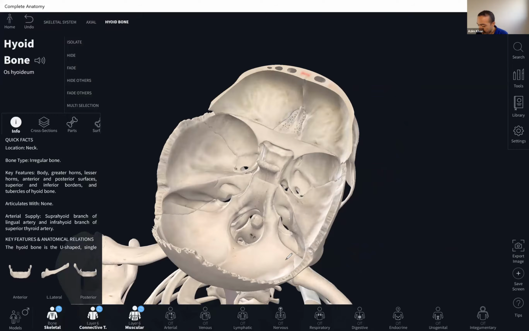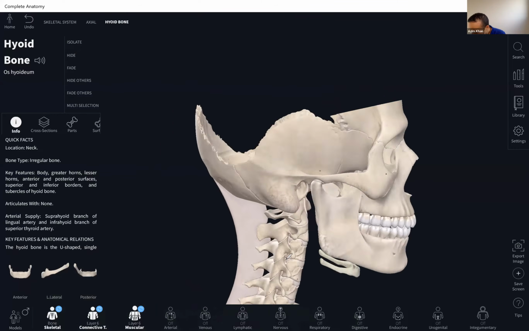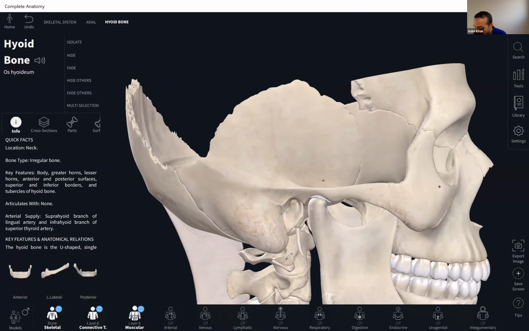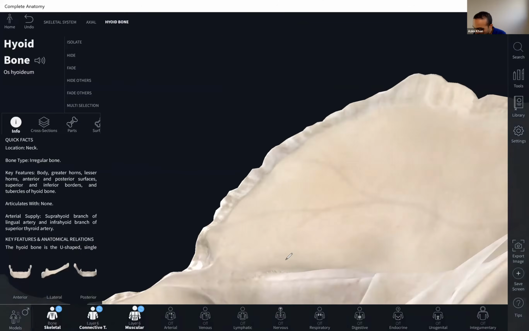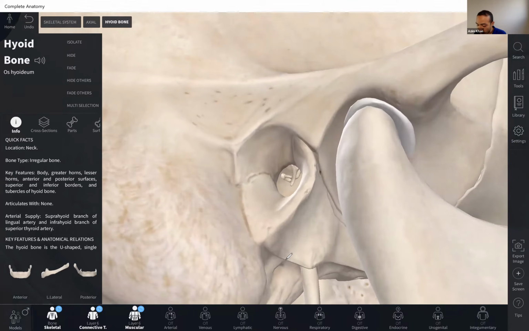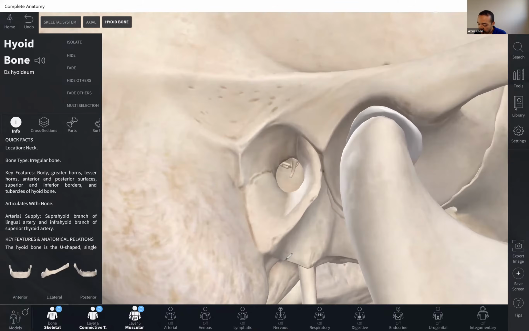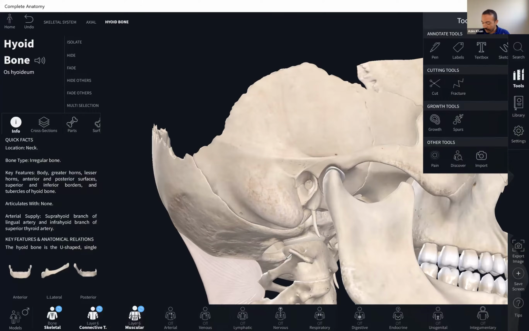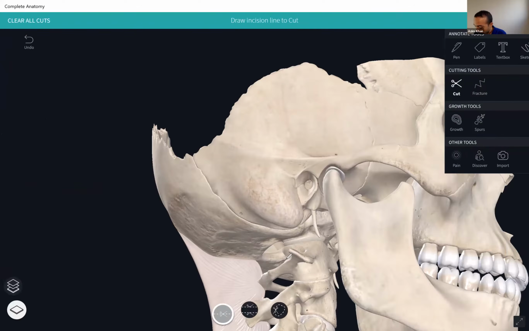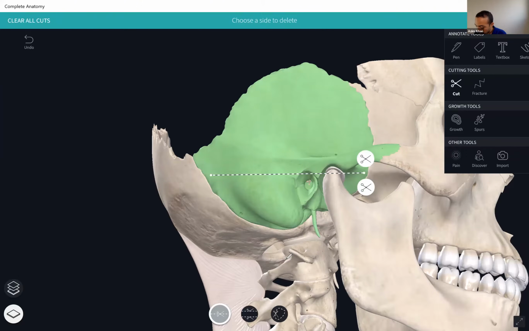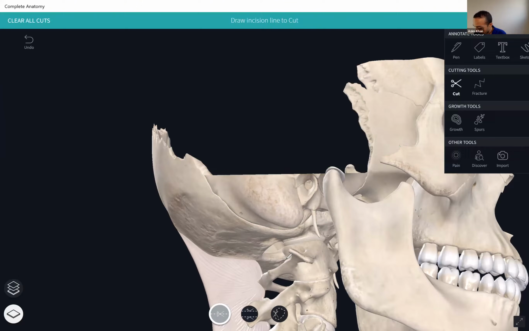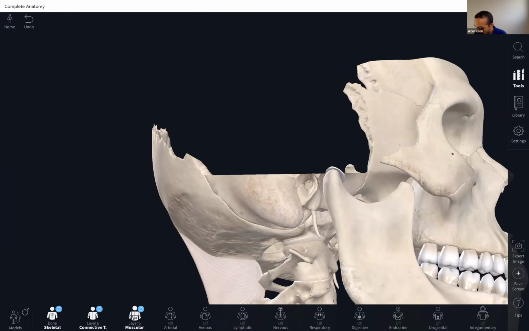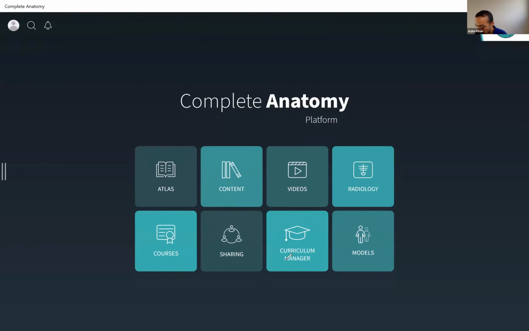If we cut in and look inside of the temporal bone, whoop, too far. Look inside the temporal bone, we can see those auditory ossicles in there. But I'm going to cut in. There's actually a link already where I've already cut it for you under videos. But I'm going to cut inside and hopefully get a good cut here. Let's see how we did. Oops.